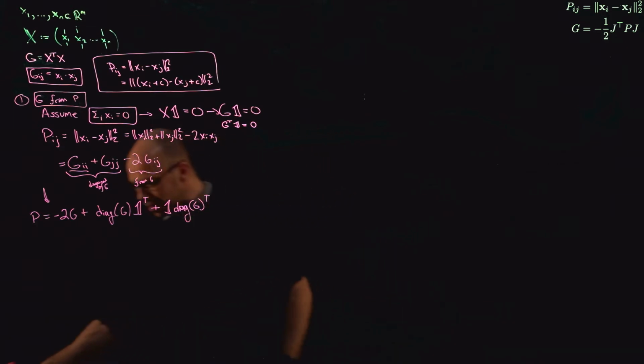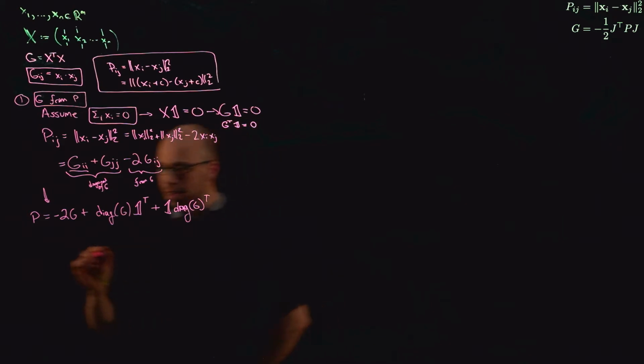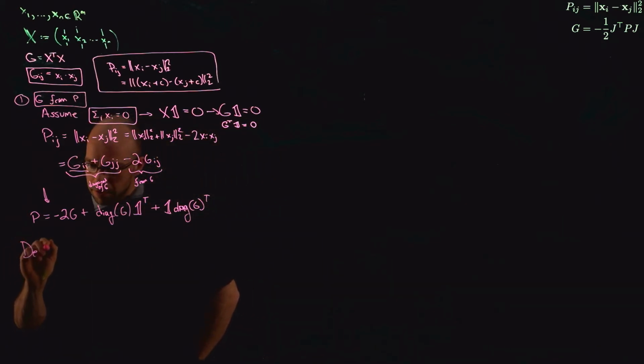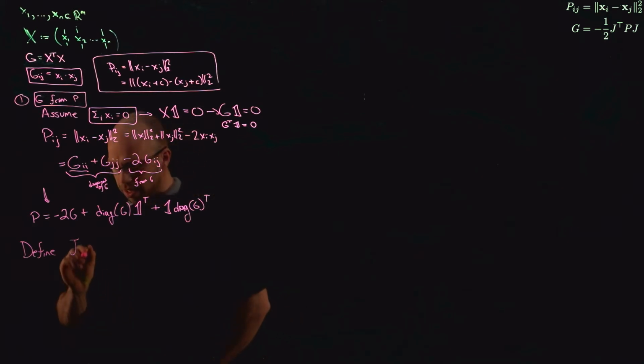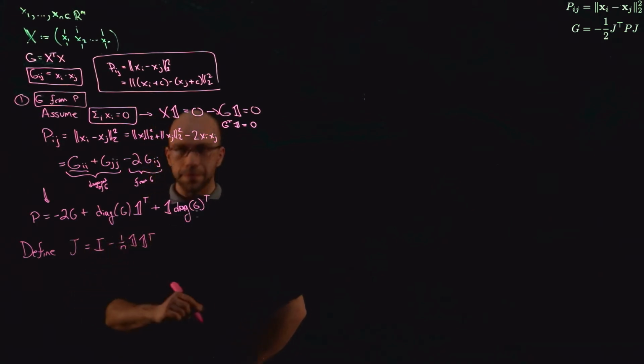Okay, so here's what we're going to do. We're going to make a sneaky definition. We're going to define a useful matrix, J, and J is going to equal the identity matrix minus 1 over n, 1, 1 transpose.